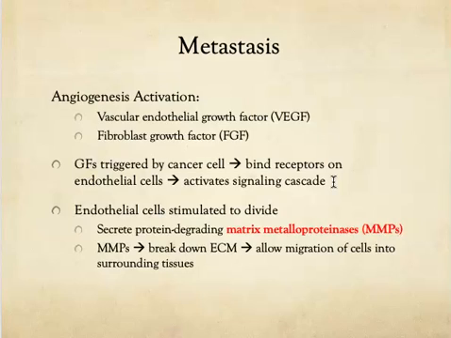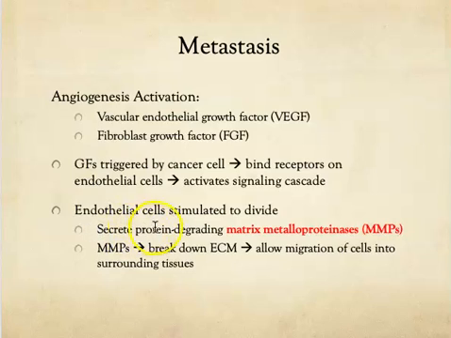The endothelial cells have to do something interesting as they sprout new blood vessels. Remember, we said one of the strange things that a metastatic cancer cell has to be able to do is crawl through normal tissue. If you think about it, sprouting blood vessels also have to be able to crawl through normal tissue. The way that cancer cells do that, the way that endothelial cells do that, is by secreting a group of compounds called MMPs.